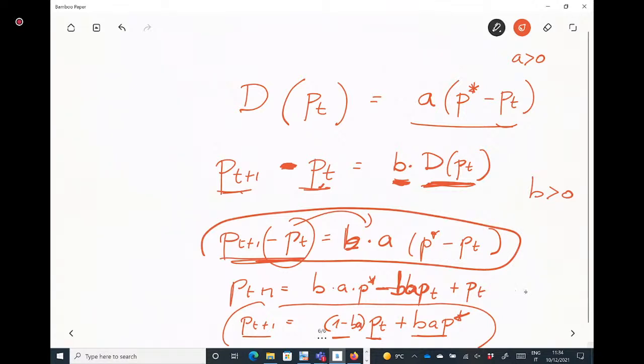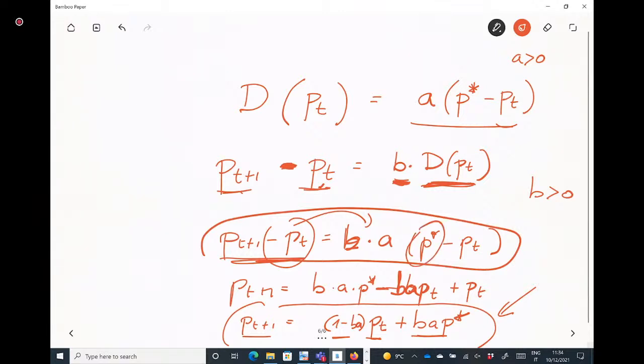Now what is, for instance, the steady state of this model? If you set Pt plus 1 equal to Pt, it's clear that the steady state is the fundamental price, okay?